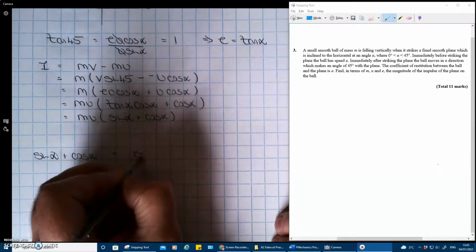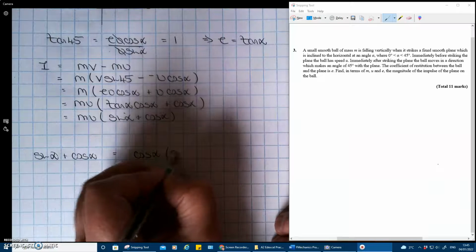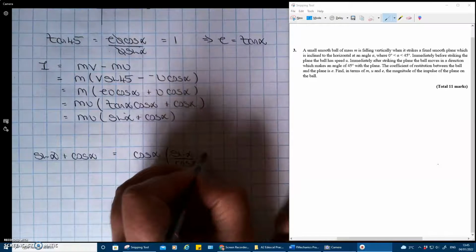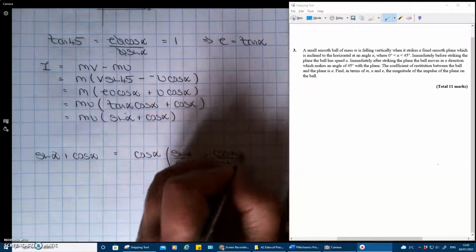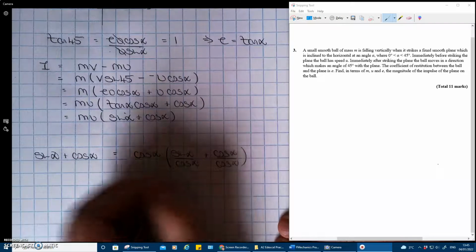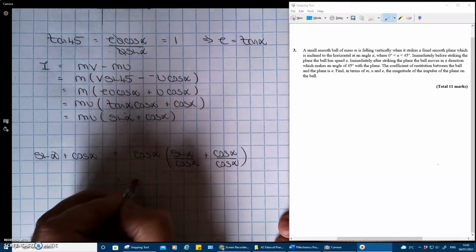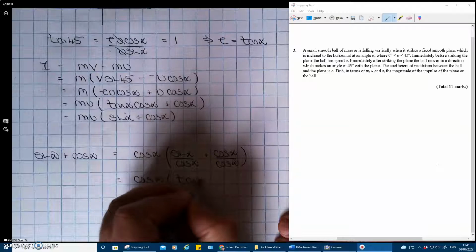So I'll get sin alpha over cos alpha plus cos alpha over cos alpha. Okay, because that will cancel with those to give us sin alpha plus cos alpha. So that equals cos alpha times tan alpha plus 1.